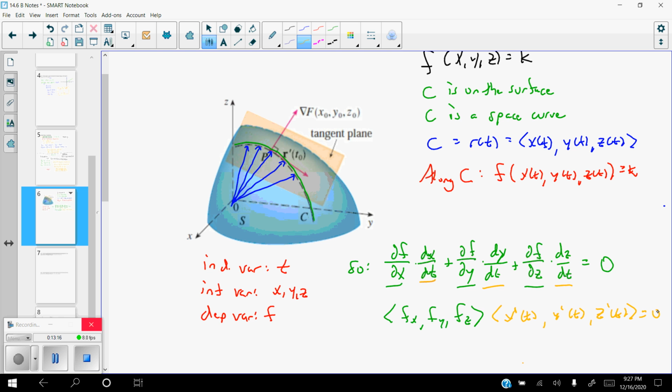If we take those two things and we dot them, we get right back up to this. But once again, this is the gradient of f dotted with this over here, which is the derivative of all the different pieces of the function, so it's just r prime of t.